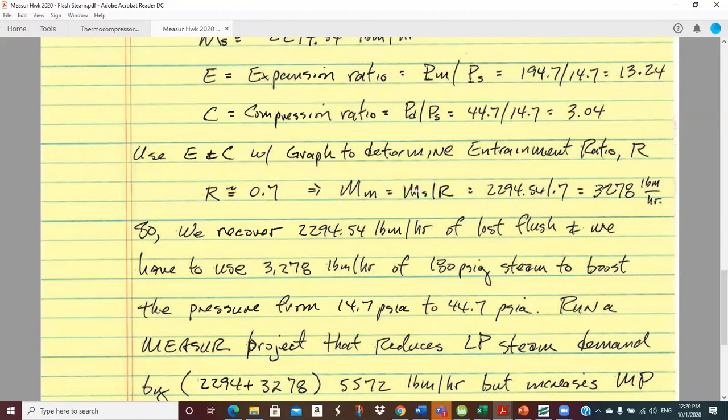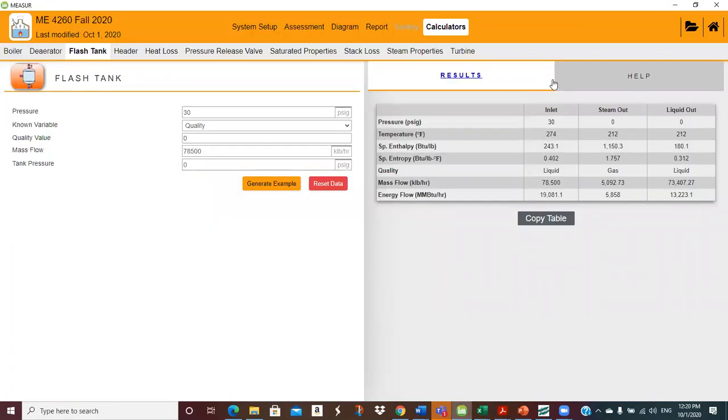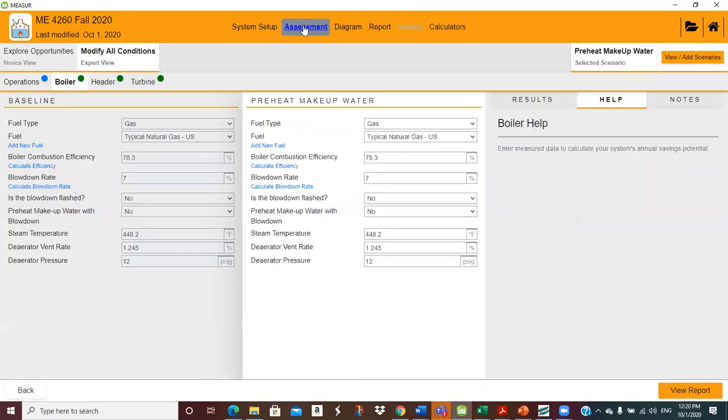No, it's not perfect, but it's not bad. It's not bad. If I could find the MEASURE file. So I did. And oops, I always get my little box in the wrong place up there sometimes. Let's see what I want to do. Assessment. Let's take a look at this.